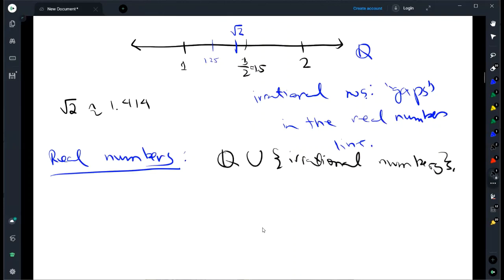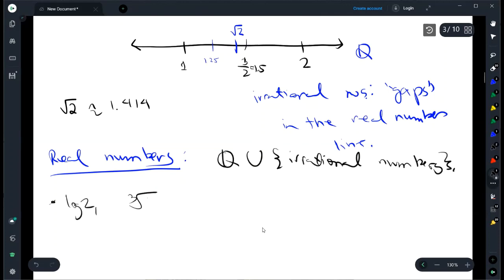And also, in the previous lesson, notice that we've shown that square root of 2 is irrational by using the definition of a rational number and then arriving at a contradiction. Now note that there are irrational numbers which cannot be described in terms of the square root. For example, the log of 2.